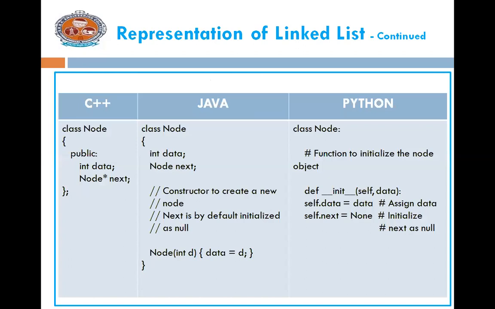The declaration for data is the same, because it is also of type integer, but here node is the class name, and then you give the pointer, that is, asterisk next. This is the node definition that you can give in C++.